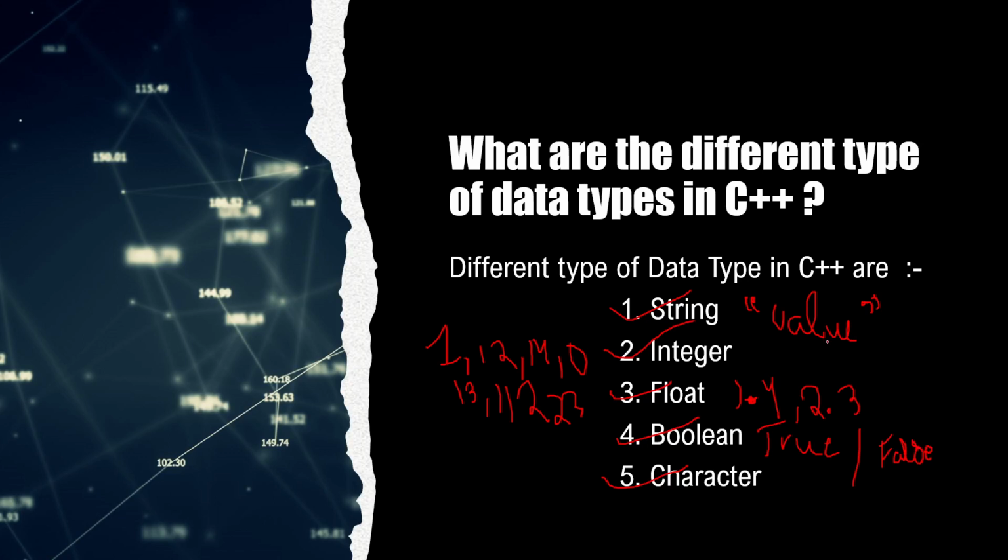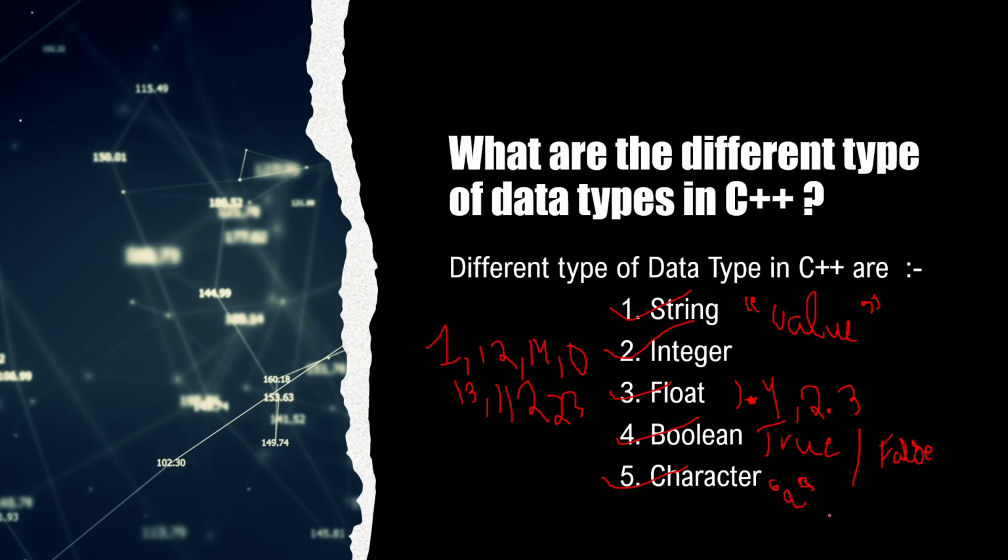And last comes the character. So any single alphabet can be stored inside the character. But as I told you, if we want to store a string, only double quotes can be used. And if you want to store a character, only single quote, guys. Like 'A', and then 'B'.